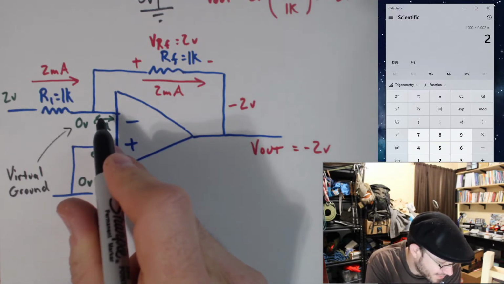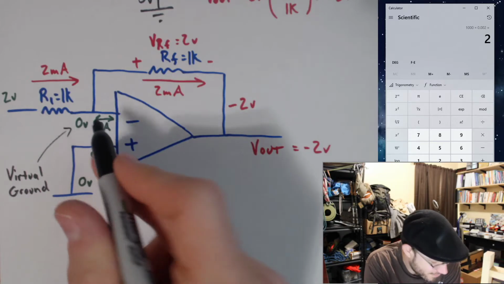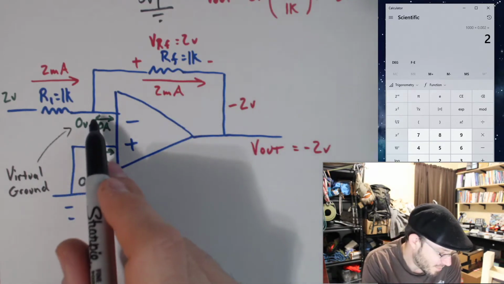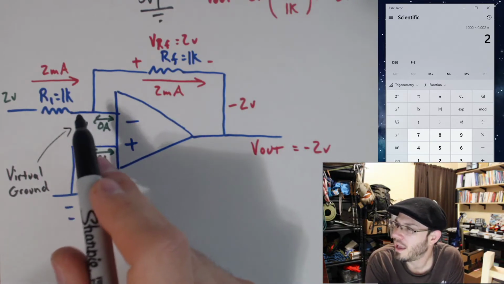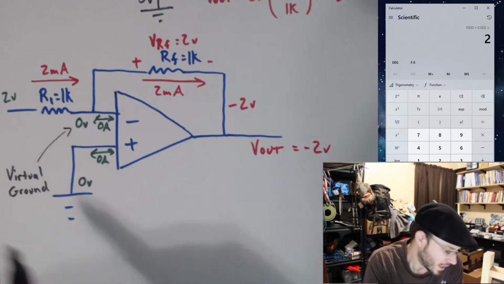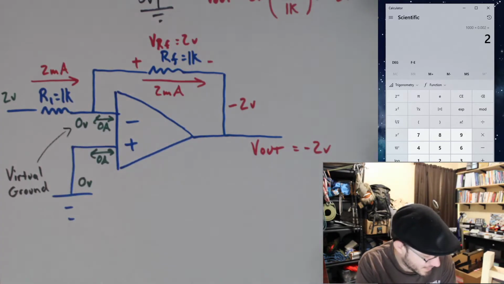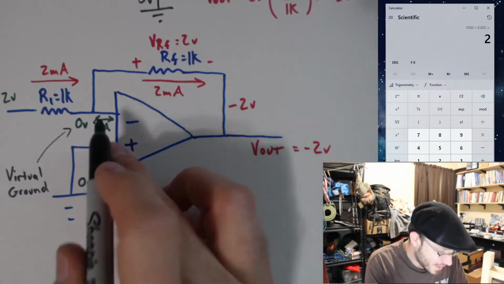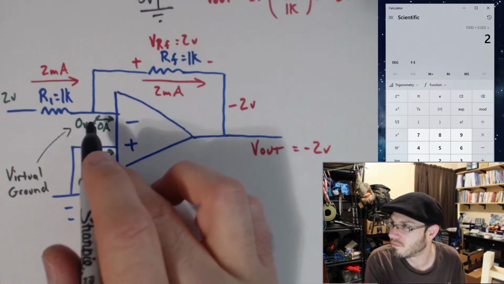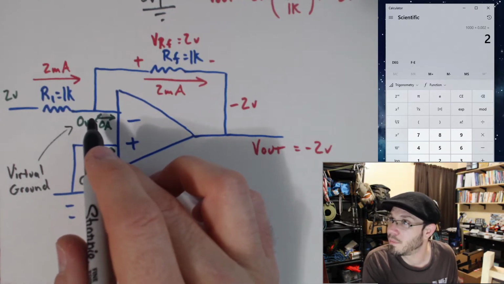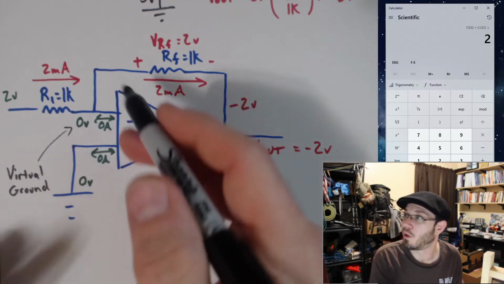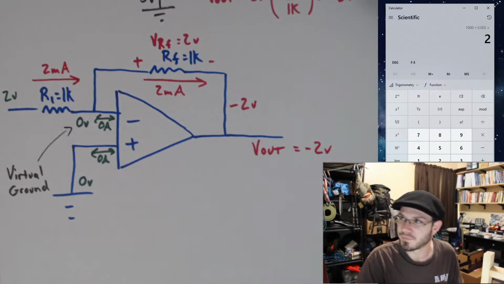Does that do anything for us? Not really, but it's good to know, and you'll encounter it. So that's just my take on it. This is 0 volts. It's, for all intents and purposes, ground, and current will flow to it.